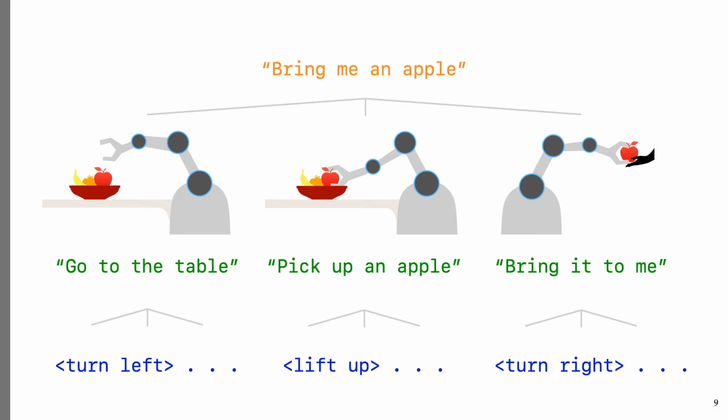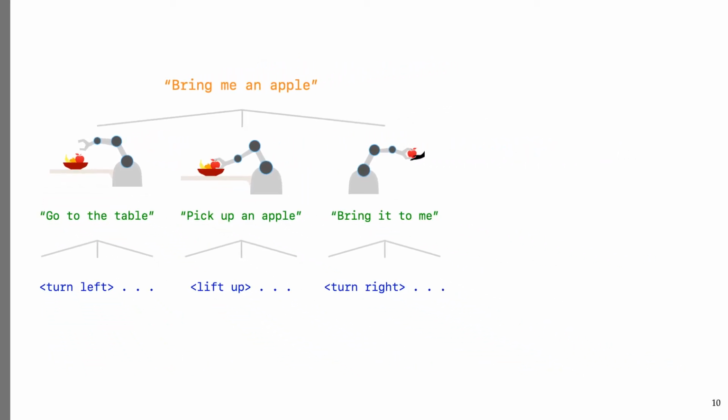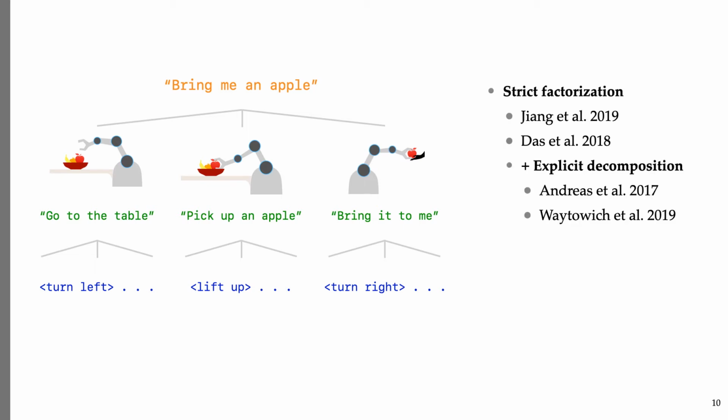Each of these lower-level instructions can themselves be solved by a primitive action set. And reward shaping allows us to be flexible in how we incentivize exploration. Prior work has required that high-level instructions exactly factorize into a sequence of low-level behaviors, or that these decompositions are explicitly provided. We don't make these assumptions in order to be more flexible.